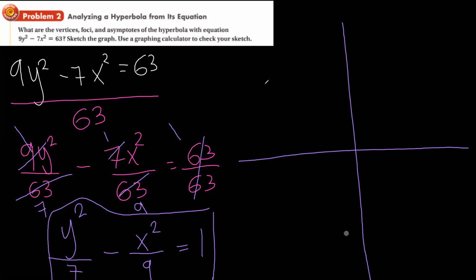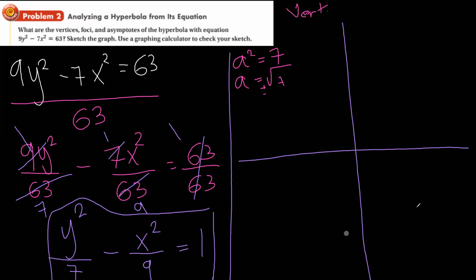So A squared here is 7, so A now is positive negative square root of 7. So the vertices are 0, positive negative square root of 7.